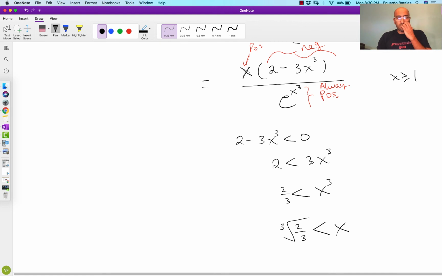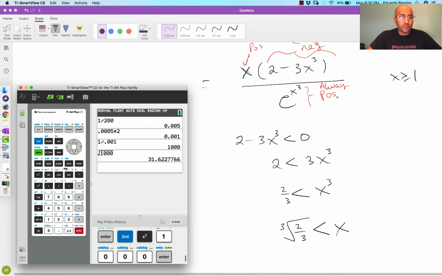And, well, that's going to qualify for x greater than 1, right? Remember, we're only really interested in what happens as x goes out to infinity, and so it all gets satisfied, right? I mean, we can get the actual value. 2/3 to the power of 1/3.